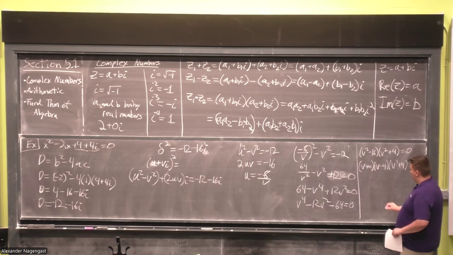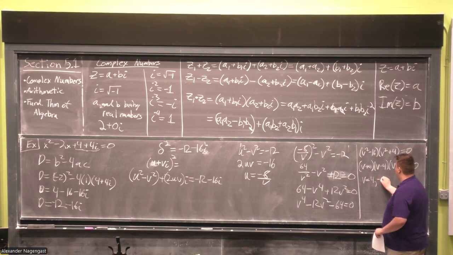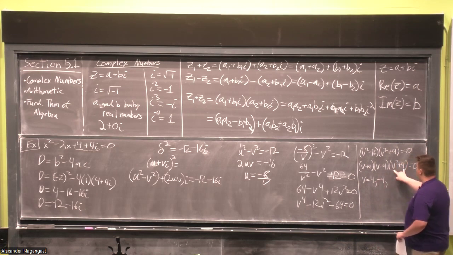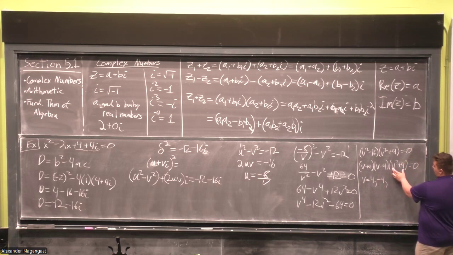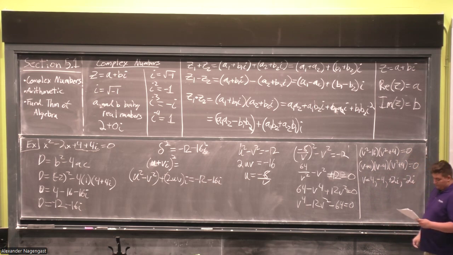So now this gets us v is equal to 4, negative 4. And then here, if we set v squared plus 4 equals 0, that will get us v squared equals negative 4. So that is positive 2i or negative 2i. So we only need one of these solutions.